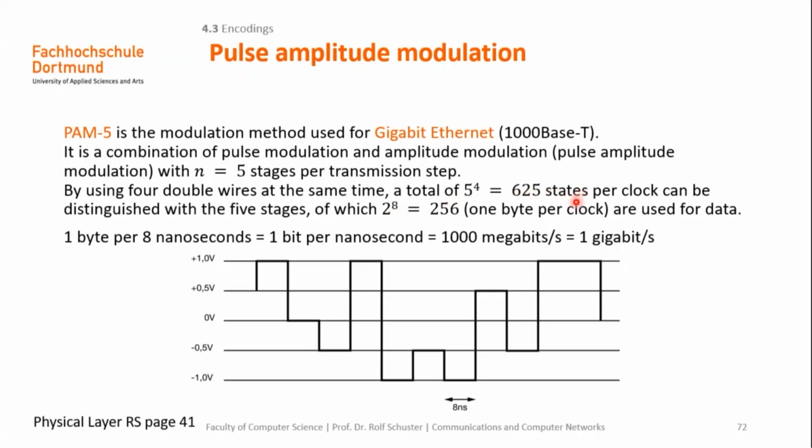Then typically this is the shape, the waveform of the signal in the twisted pairs used in gigabit Ethernet.